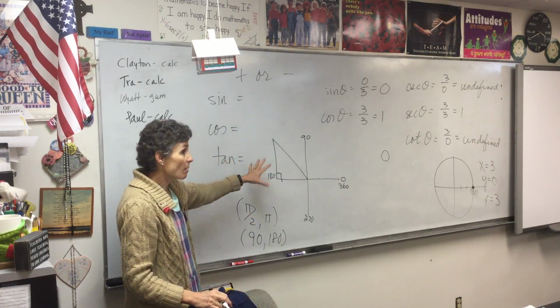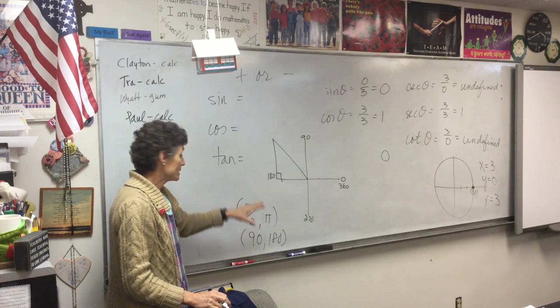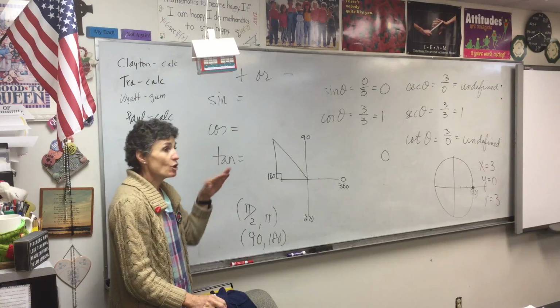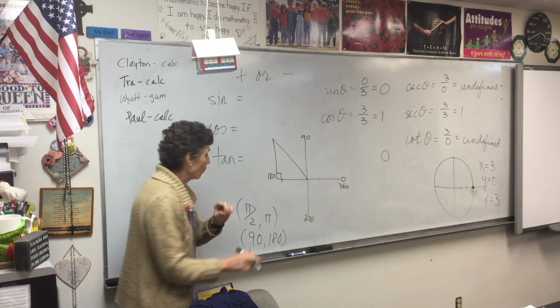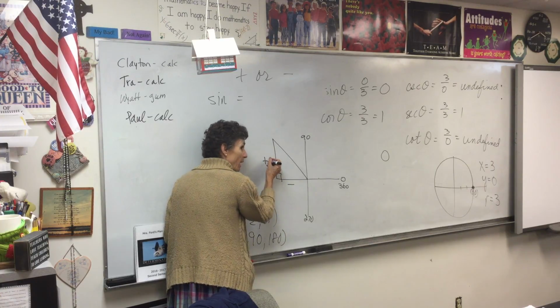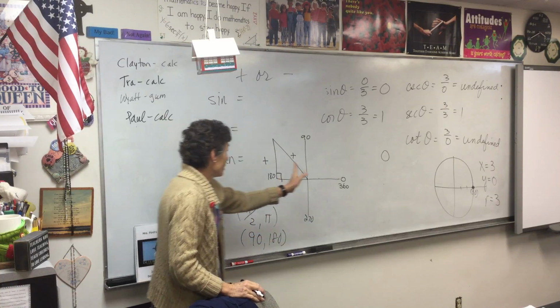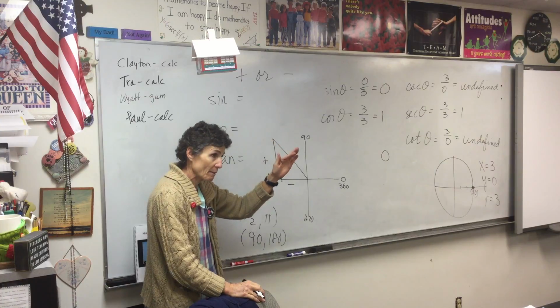So I've got some kind of triangle in quadrant 2. 90 to 180, between 90 and 180. I have no idea what those sides are, but I know this one's negative, this one's positive, and this one's positive. Now, the hypotenuse is always positive, so I'm not even going to think about that one.